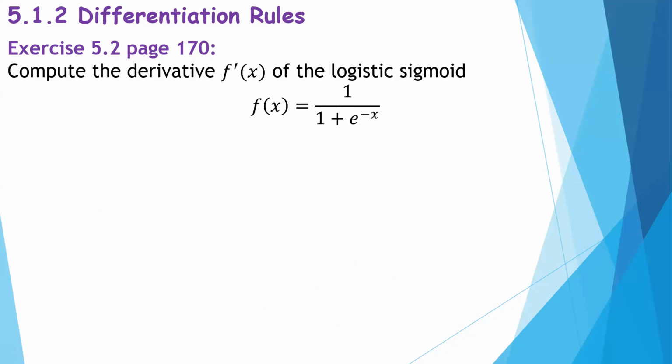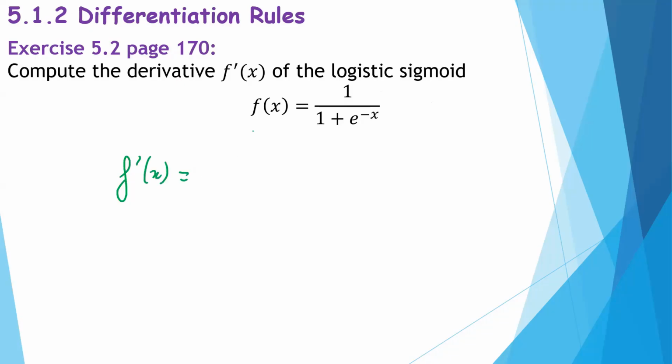Okay, so last example. We'll finish this first lecture with just an application on the calculation of the derivative. So what is the derivative here? Here we have a quotient function.